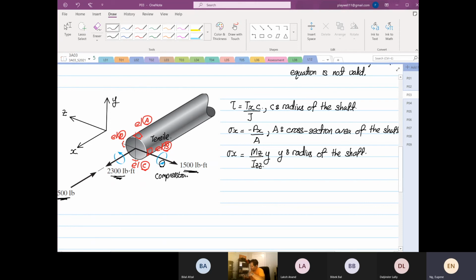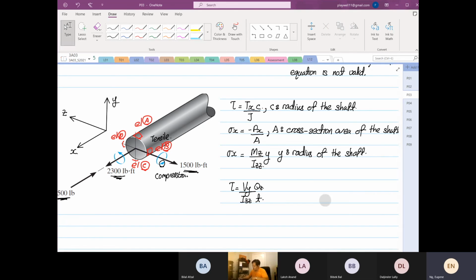If there is a shearing force, we have to consider the shear stress is equal to Vy over Izz Qz divided by T. But for our case, there is no shearing stress at all. It happened to be we did not know the shearing force.